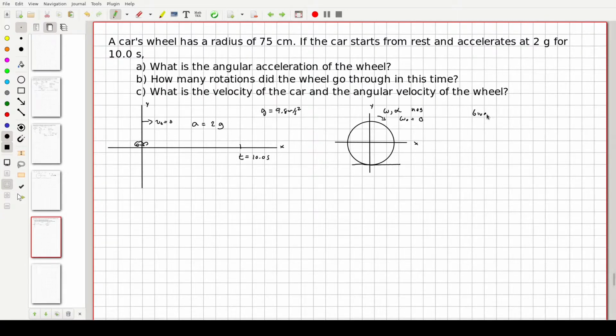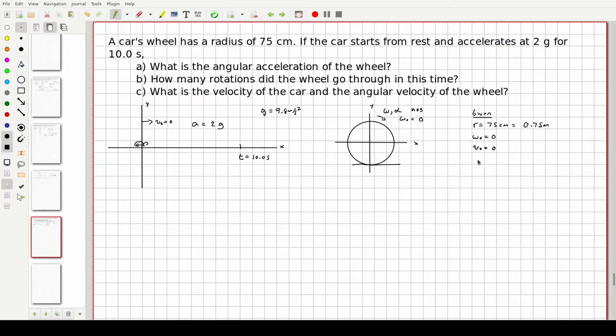So what are we given? We're given the radius of our wheel, which is 75 centimeters, which is the same thing as 0.75 meters. We're given an initial angular velocity of 0, an initial velocity of 0.